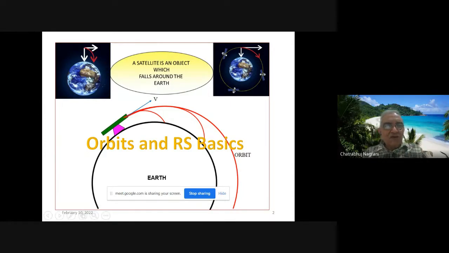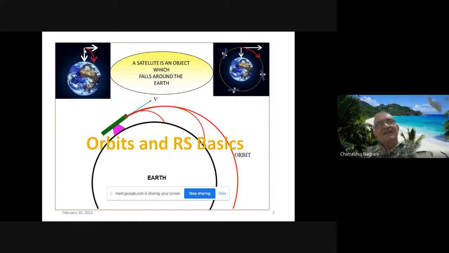Now here, on the left, when we are releasing a satellite through our launch vehicle, the launch vehicle is not simply releasing it wherever it is. Normally all the satellites are released at the lowest point of their orbit, which we call perigee.